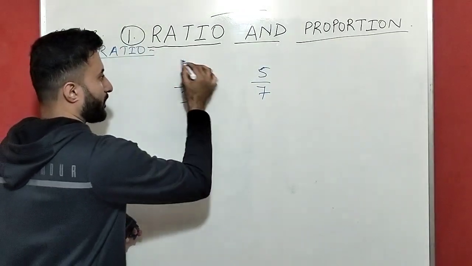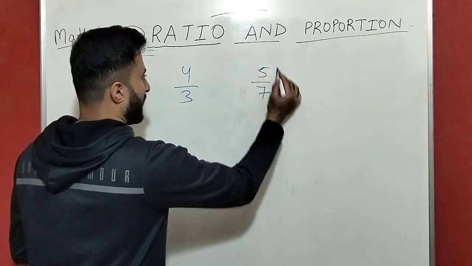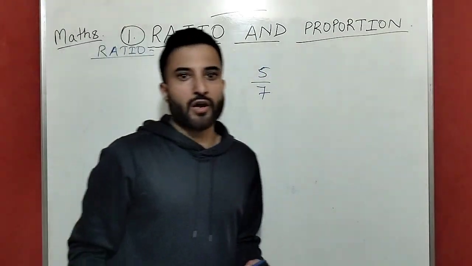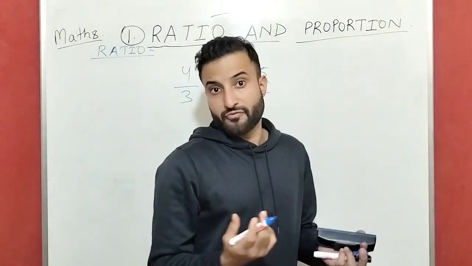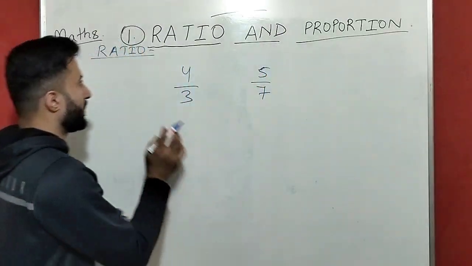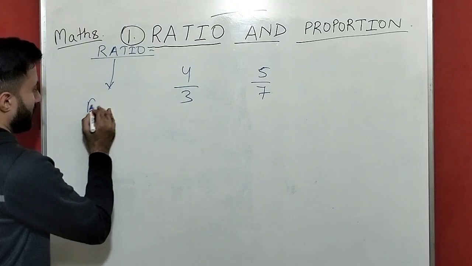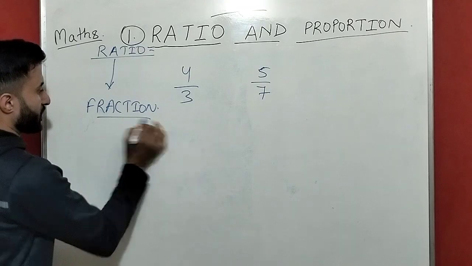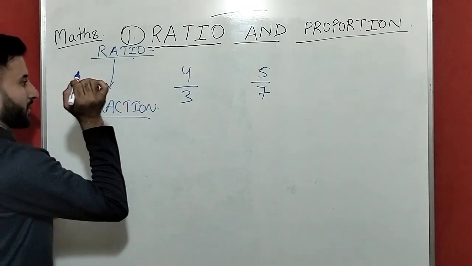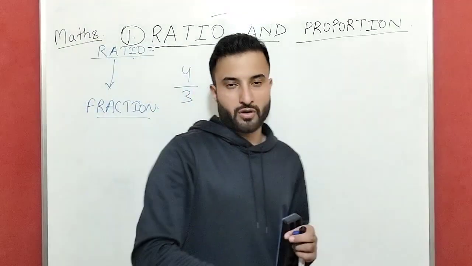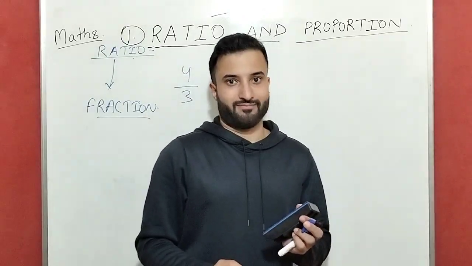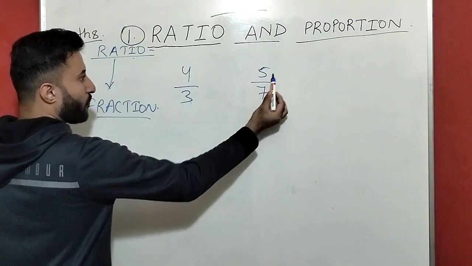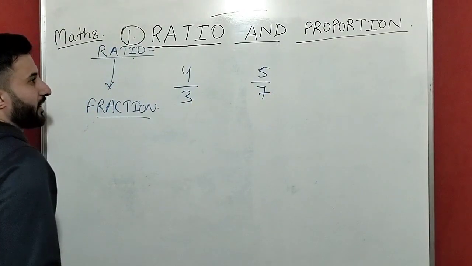One ratio is 4 by 3, another ratio is 5 by 7. Guys, they can call it a ratio or they can call it a fraction. Both are the same. Don't get confused. So 4 by 3 or 5 by 7, which is greater.